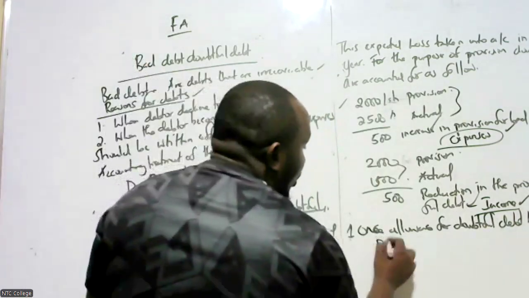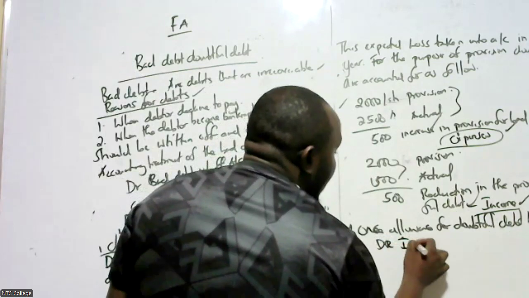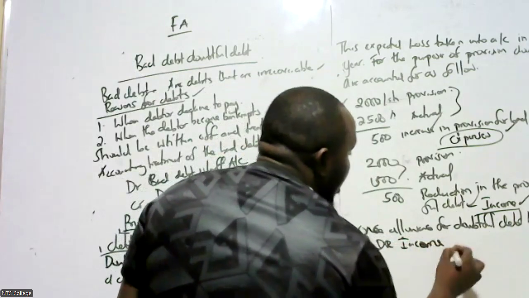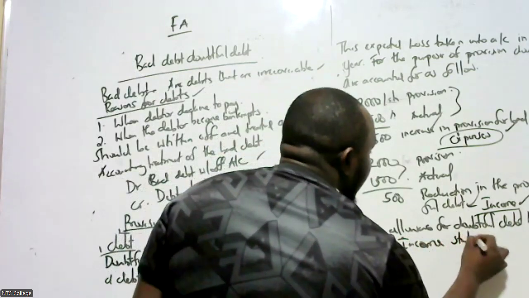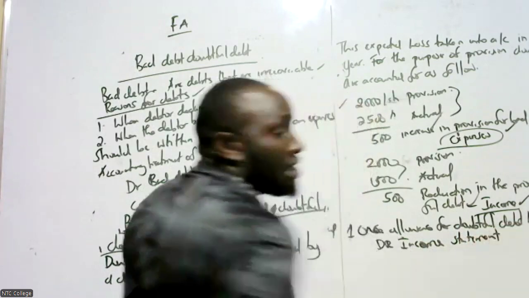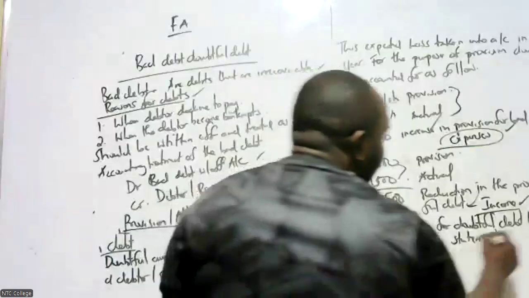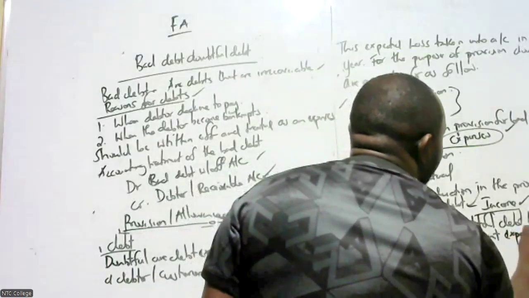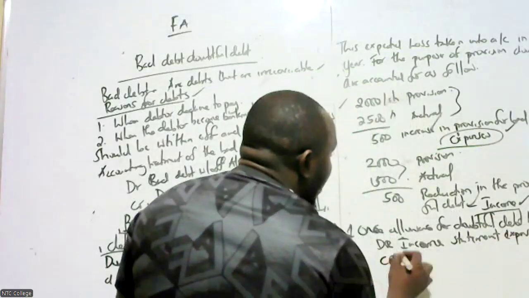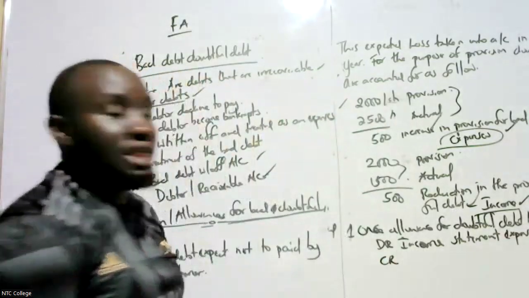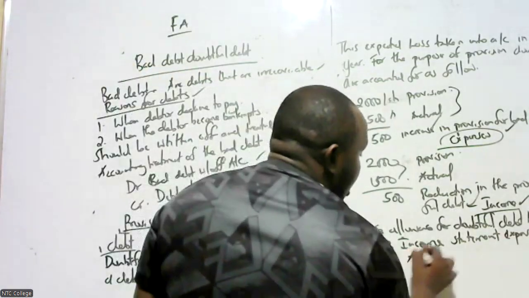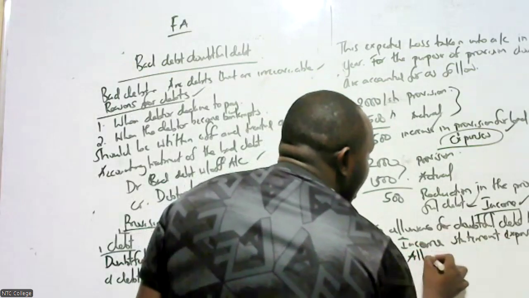We are going to debit the income statement when you're opening that account. That is an expense. And then we credit allowance for doubtful debt. That is why when you have it on the TB, you have it on the credit side.